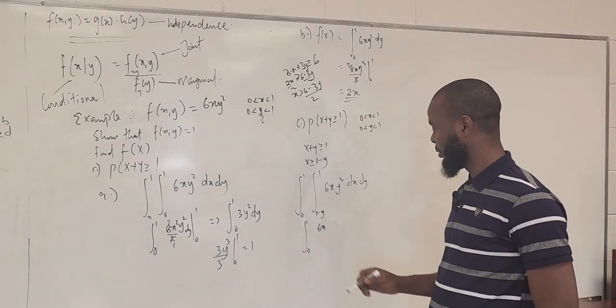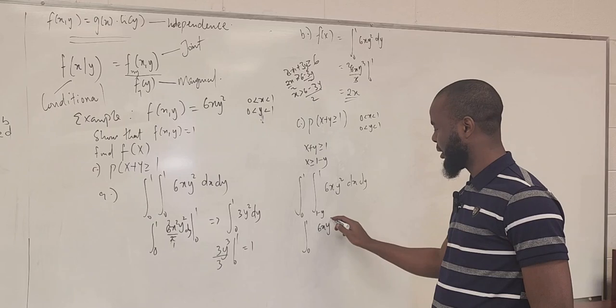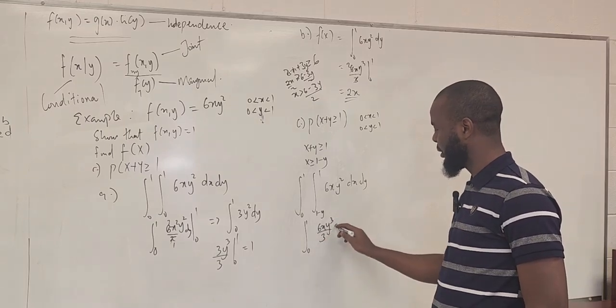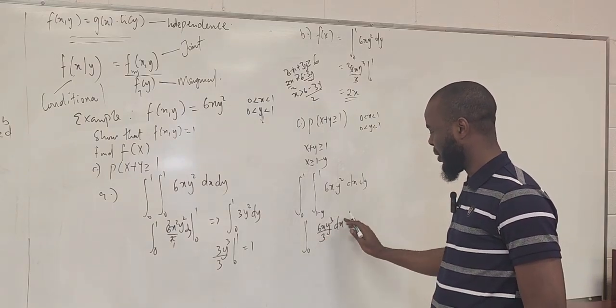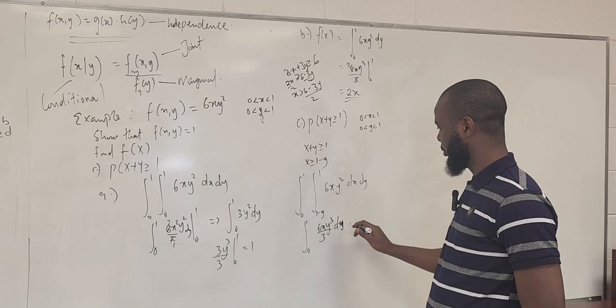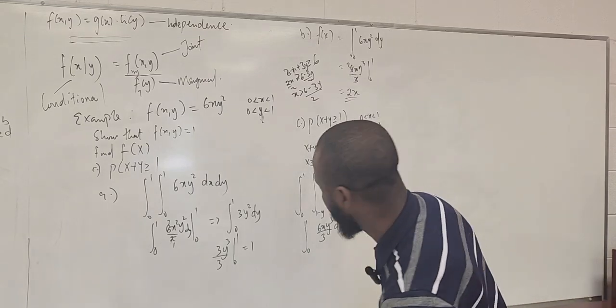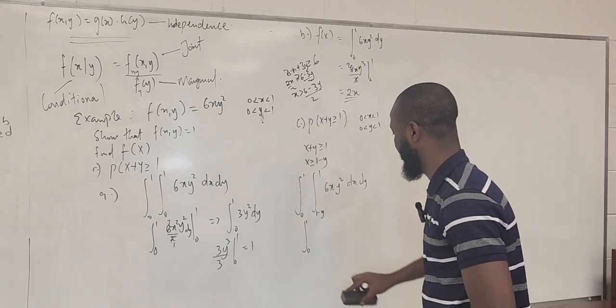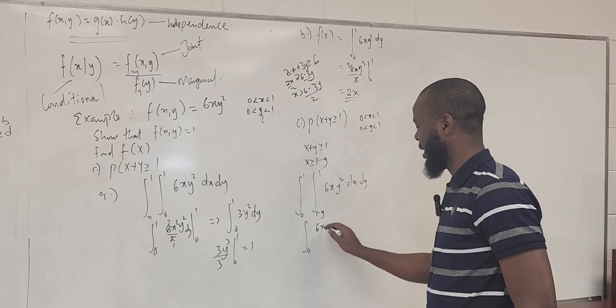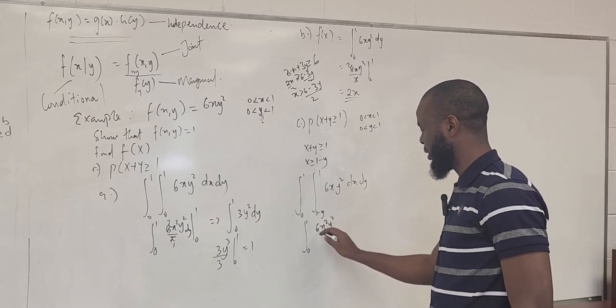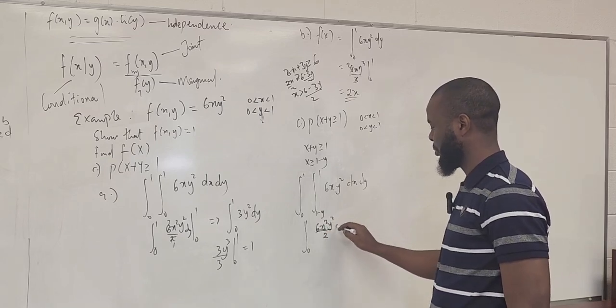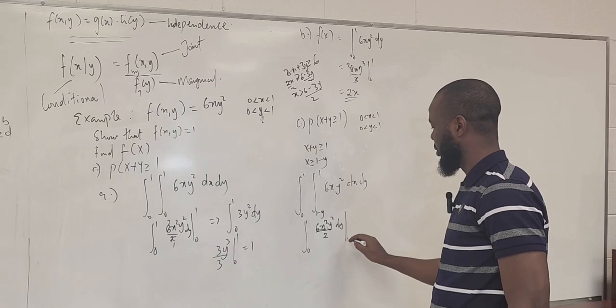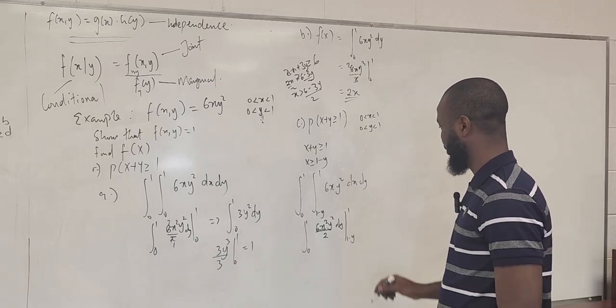Here we have 6xy cube over 3. The x comes first: 6x squared y squared over 2, from 1 minus y to 1.